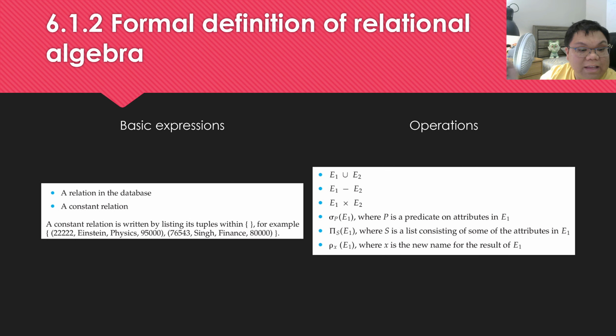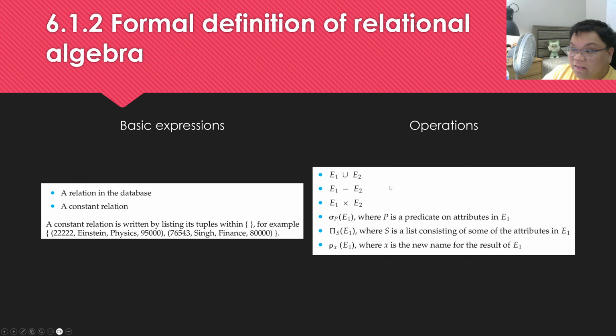A constant relation is just a listing of tuples enclosed in curly brackets. So, any 2 of those are going to be an expression that you use to build up larger expressions by using any of the 6 fundamental operations.